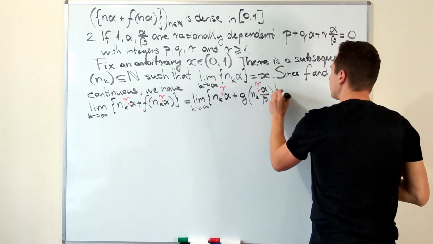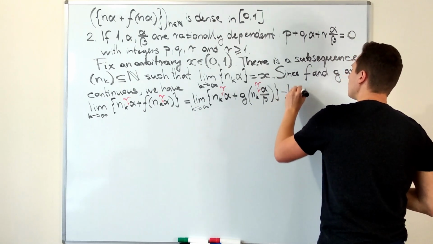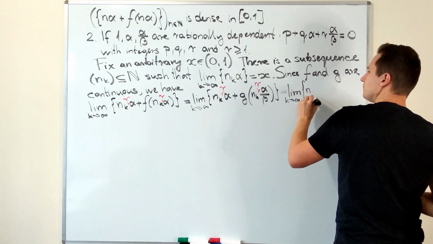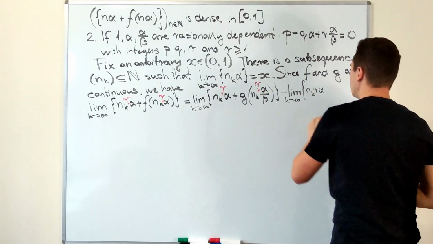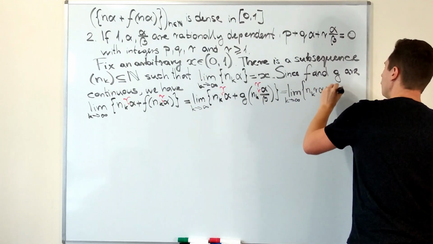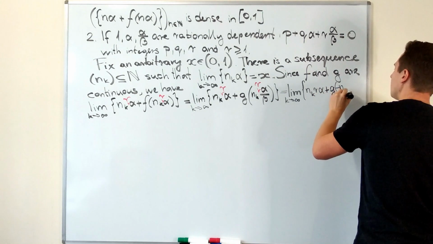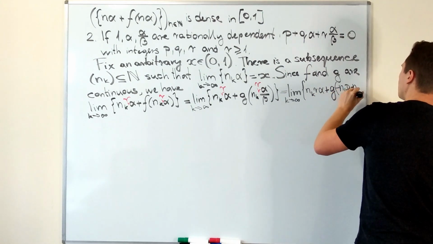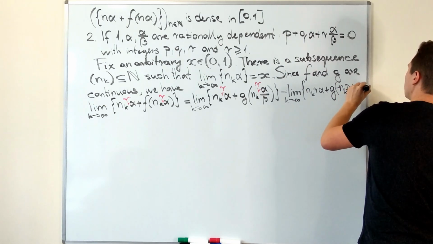So what I get is the limit of the fractional parts as k goes to infinity of n k times r alpha plus g of minus nk times p minus nk times q times alpha.